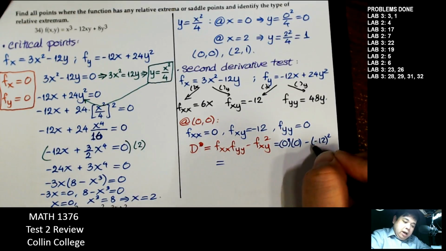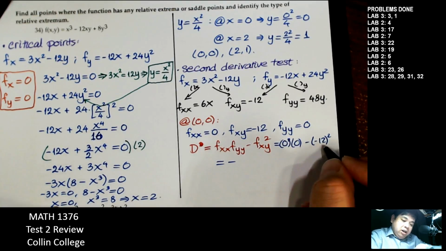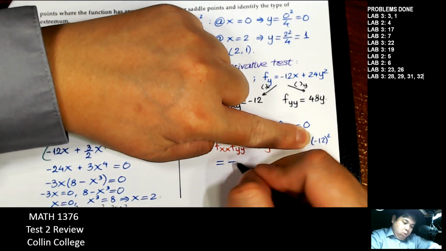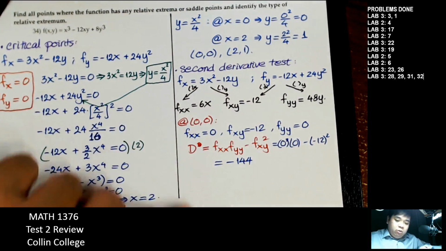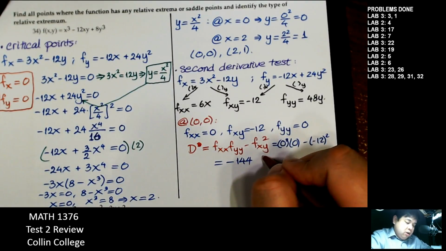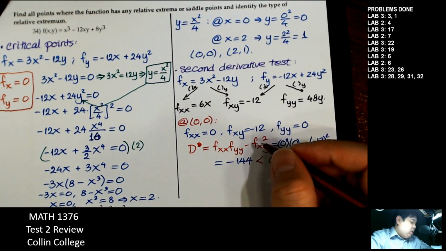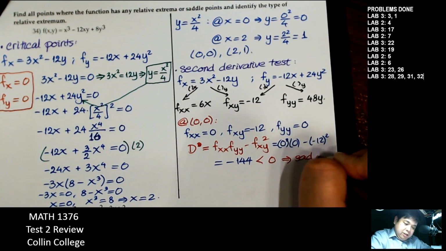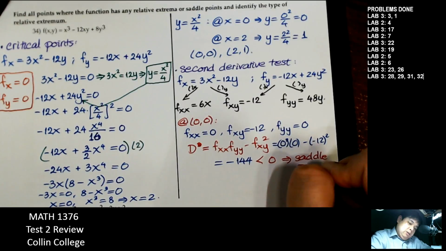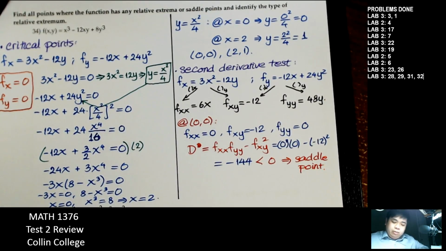Right. So 0 minus negative 12 squared is negative 144. And with the negative 144, this is less than 0. So it is a saddle point.